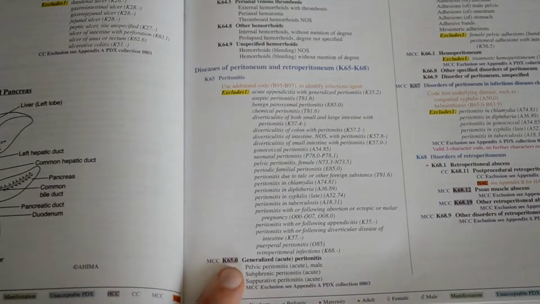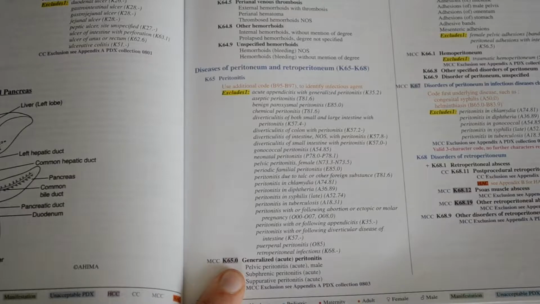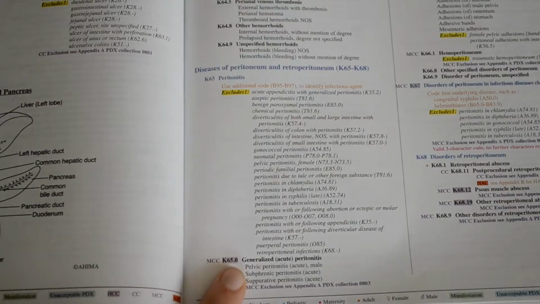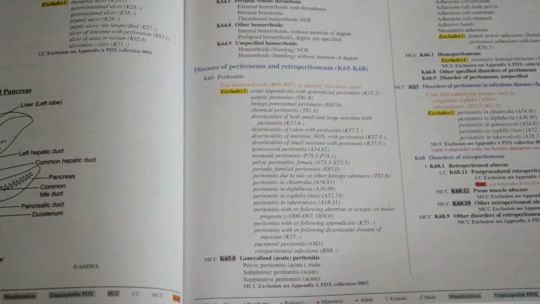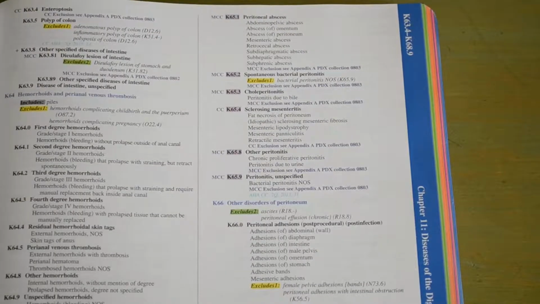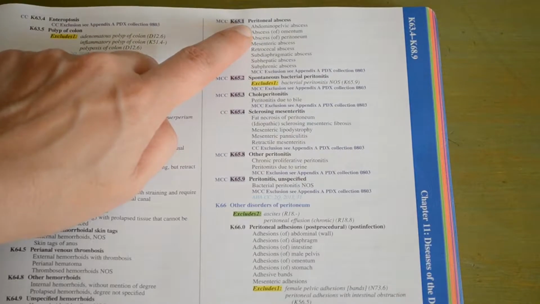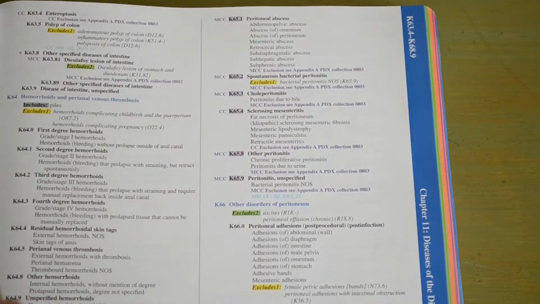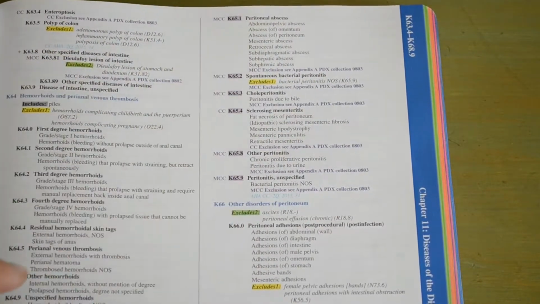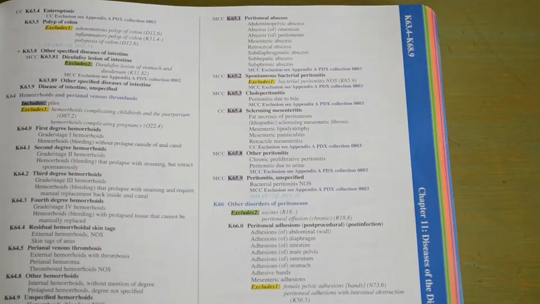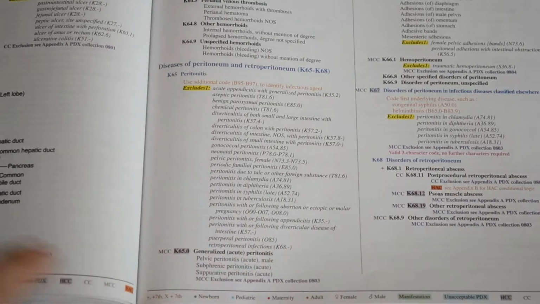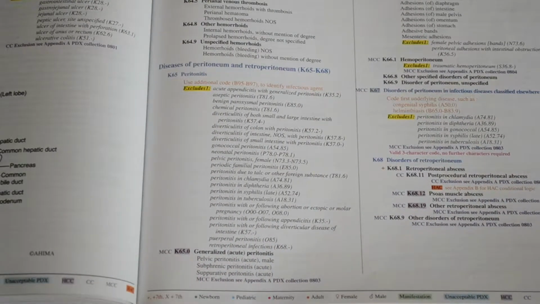So K65.0 looks like the code we need, but we will check the other codes within the K65 section just to make sure. If we look at the rest of these, it says peritoneal abscess, spontaneous bacterial peritonitis, and a lot of other things that don't fall under our diagnosis. So we want to stick with K65.0.